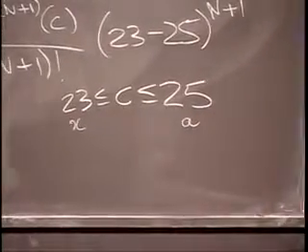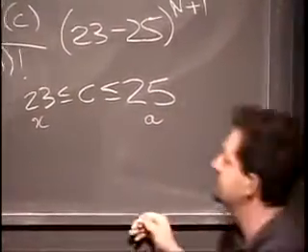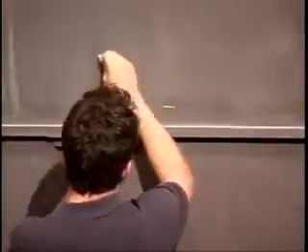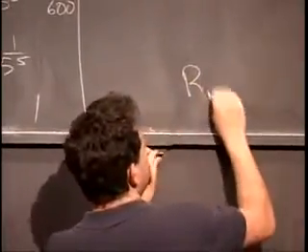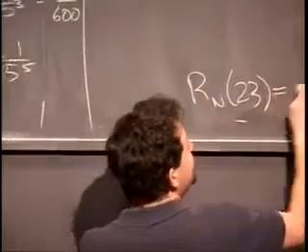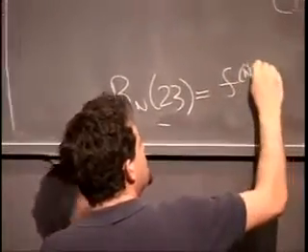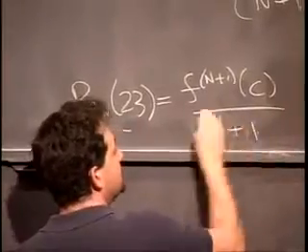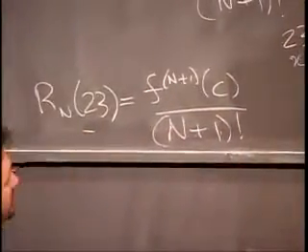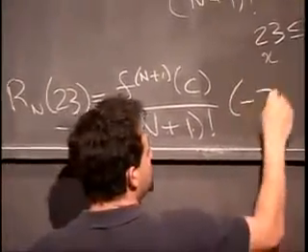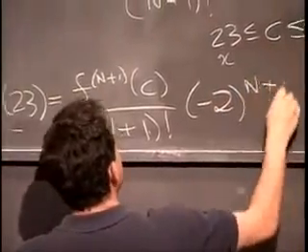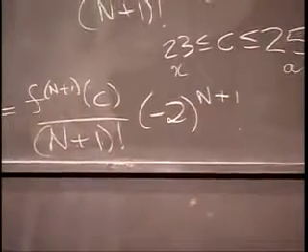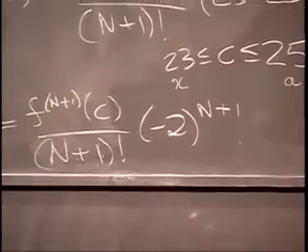Okay, so the error that we're looking for, let's just simplify it a little bit, is this nth derivative, which we're going to have to grab from the table, at c over n plus 1 factorial times minus 2 to the n plus 1. So all I've done is taken the general formula and specialized it.